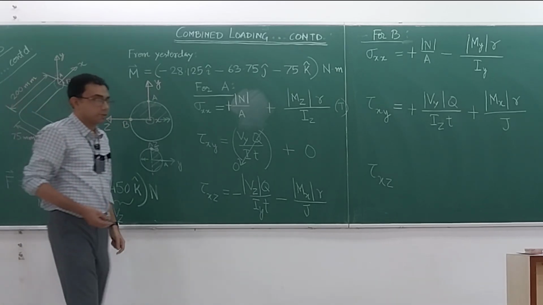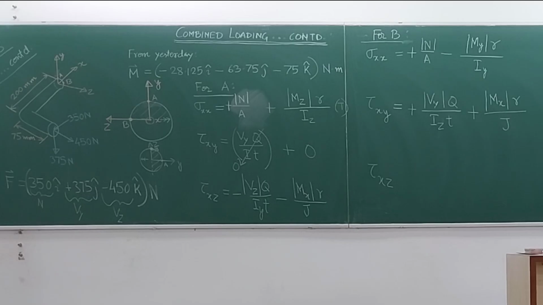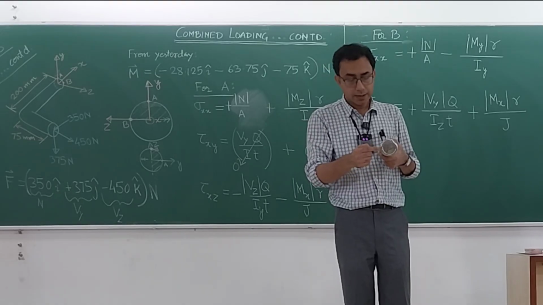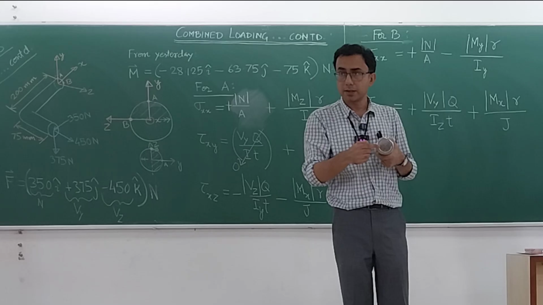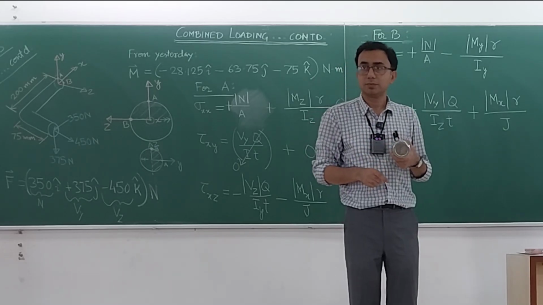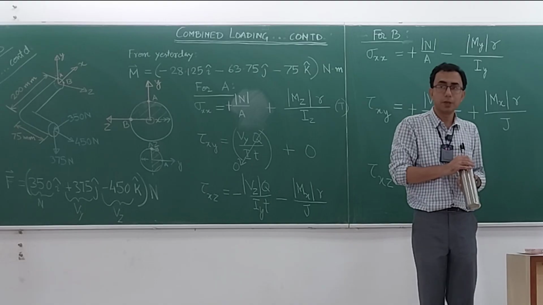Why? Because again, if I take my bottle here, so this is the point B. Here the tau xz is in this direction, but there is a tau xz here also, no? So that tau zx actually is zero, so its twin brother is also zero.